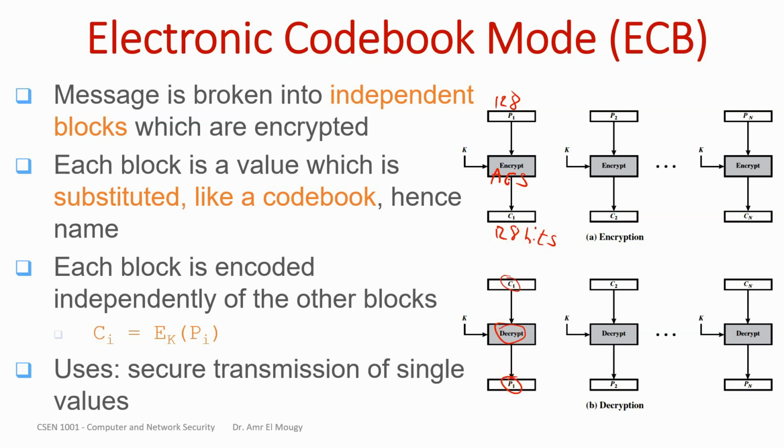If you want to encrypt more, you take the second block of data, which is also 128 bits, P2, of plain text. You pass it to the encryption algorithm, which is, of course, AES, with the same key. It's actually the same key that was used with the first block. The key doesn't change. And out comes C2. If you want to decrypt, you pass C2 to the decryption algorithm, out comes P2. And you keep doing that for as many blocks as you want.